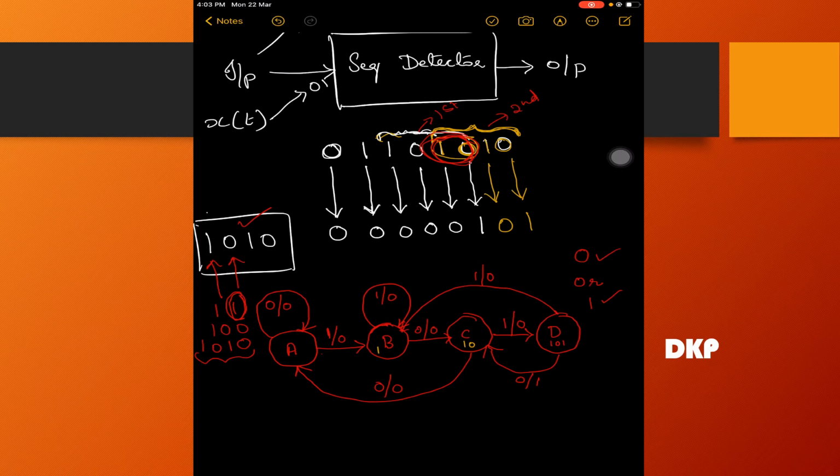When the sequence is detected, the output is given as 1. Here already in D state, when we have given a 0, the required sequence 1010 has already been detected.